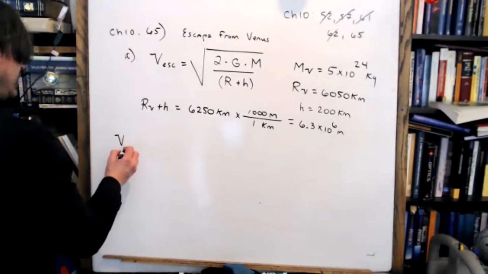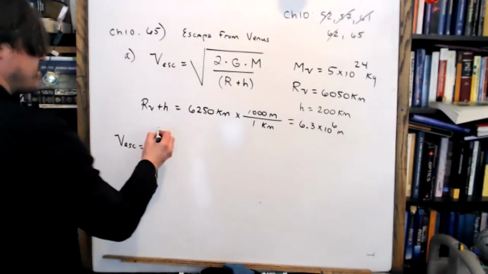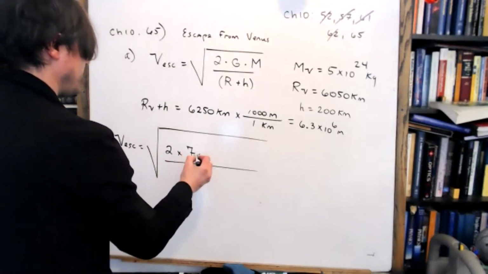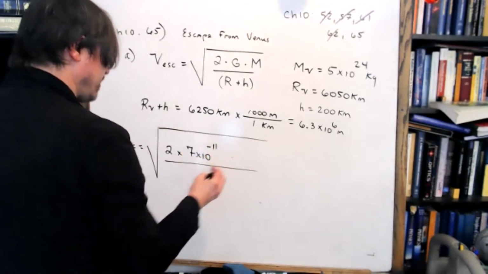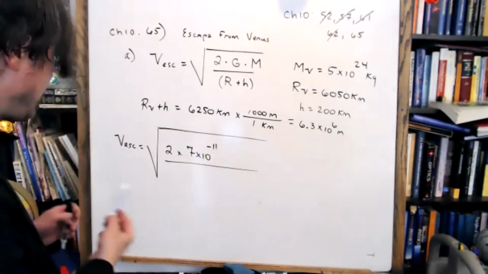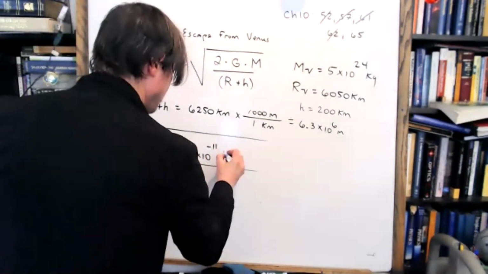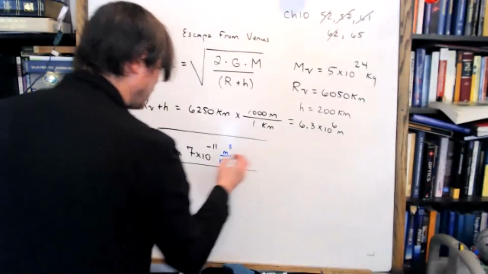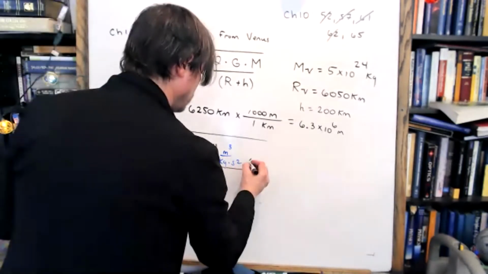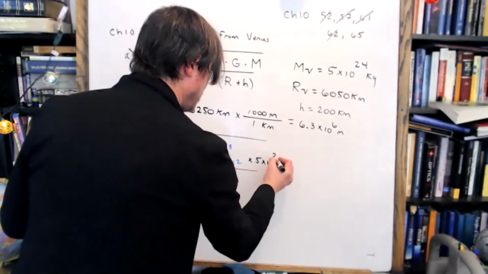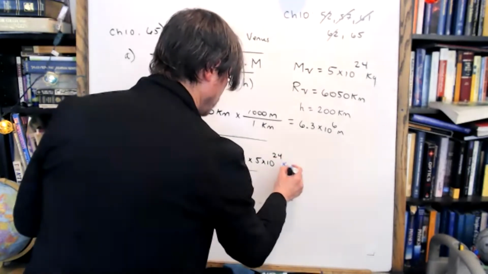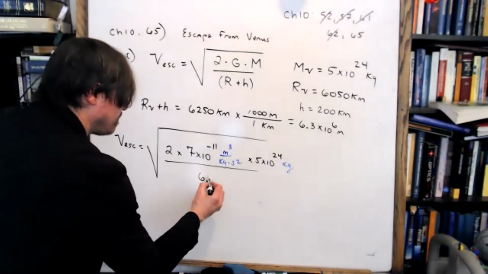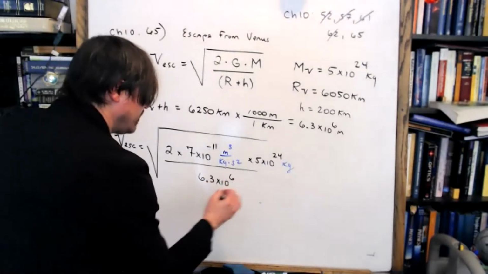The escape velocity then is the square root of 2 times the gravitational constant, 6 times 10 to the minus 11 meters cubed per kilogram per second squared, times 5 times 10 to the 24 kilograms, divided by 6.3 million meters.